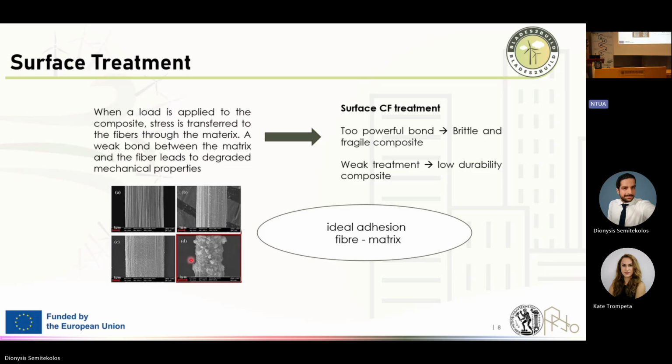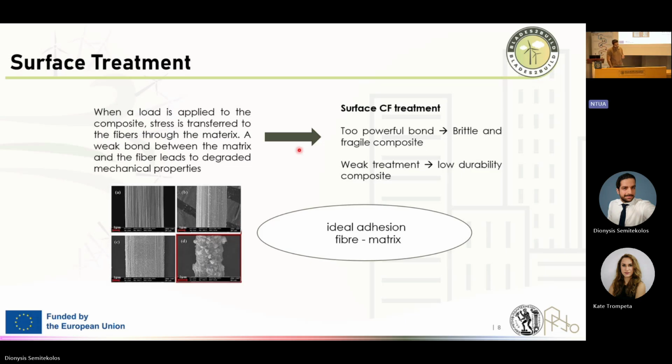For example, here we can see a reference fiber, which looks quite good in my opinion. And then we try to put some other uglier stuff on the surface. But sometimes these uglier things have a positive impact on the interface. However, we need to be very careful because there's a sweet spot during the surface treatment that we need to consider, and the ideal adhesion that we can get.